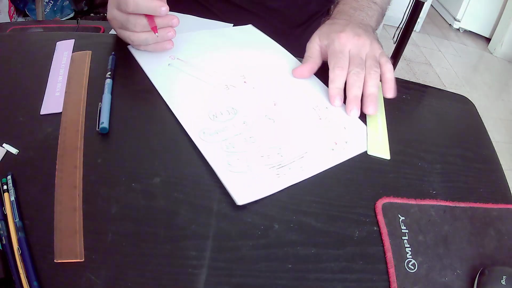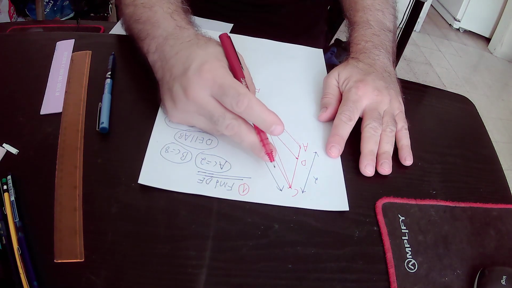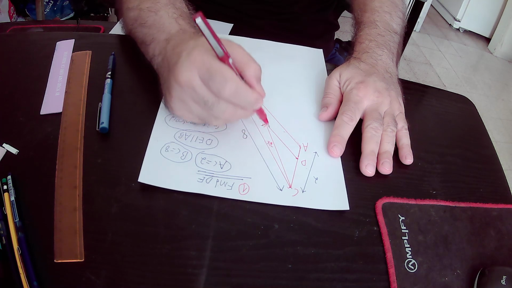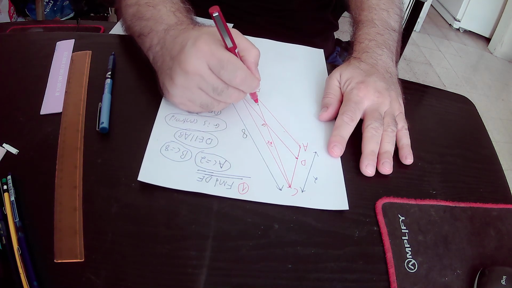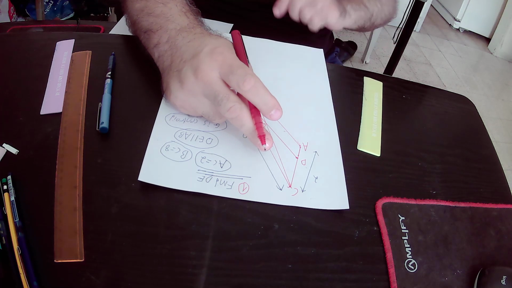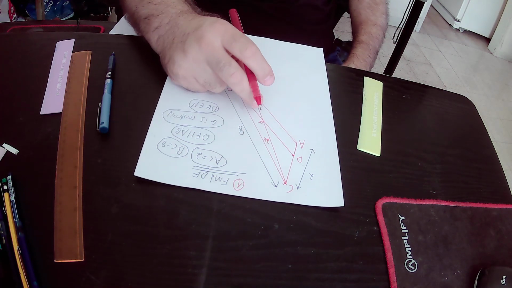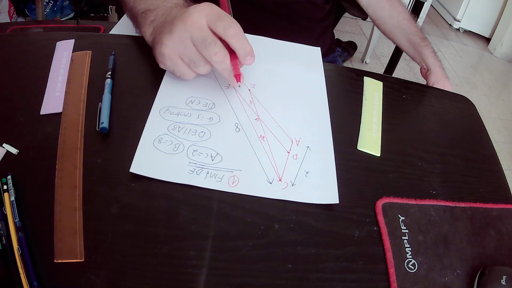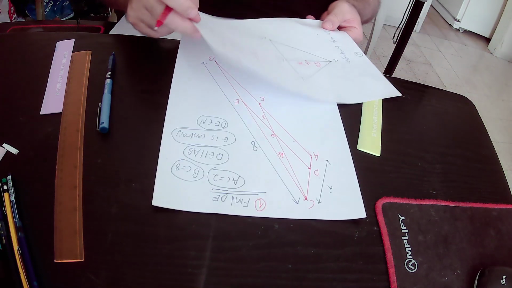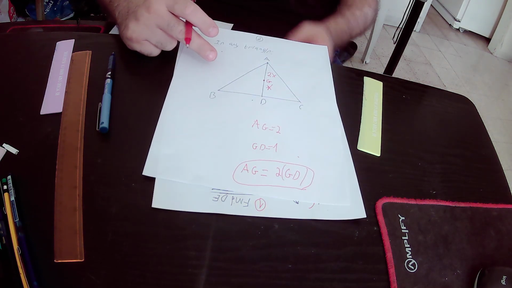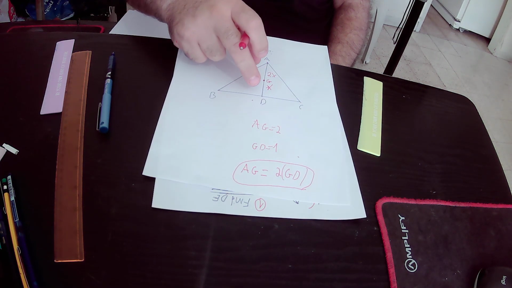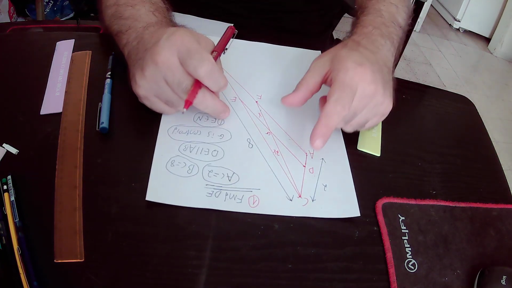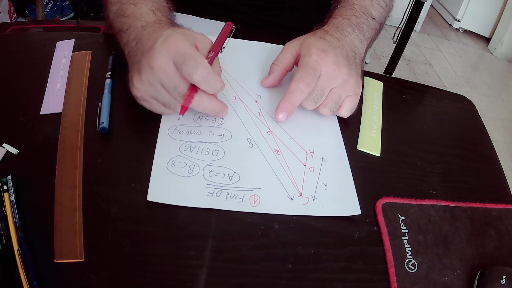So if CG equals 2x, then GF will be equal to x, because CG is 2 times GF. According to what we saw here, if AG is 2x, then GD is x. So here, if CG equals 2x, then GF will be equal to x.